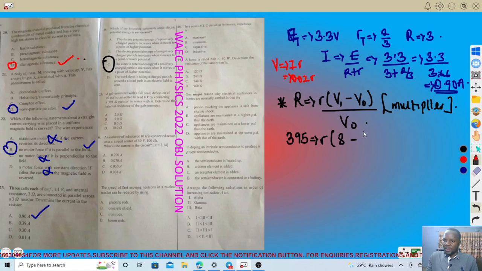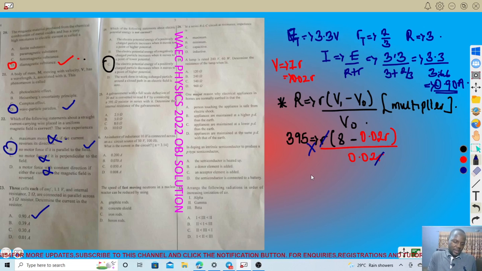So I'm writing v in terms of 0.02 r, over 0.02. On simplification, my dear students, it gets cancelled out. You can multiply this by 0.02 and finalize. I'm doing that on the calculator. 395 divided by 0.02 is giving me 19,750. That is what I'm seeing. This calculator can be funny.